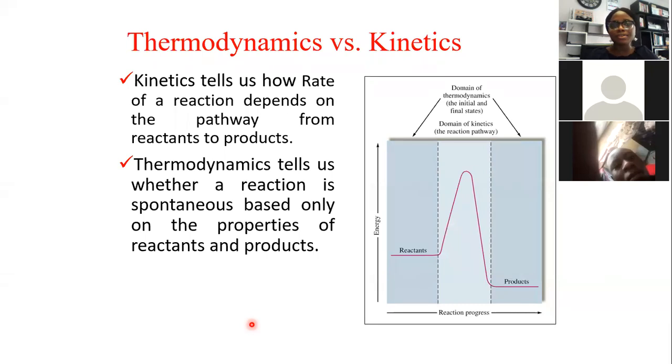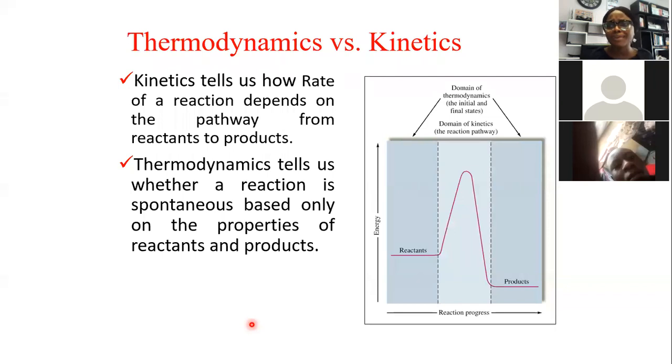Kinetics tells us about the rate of the reaction, how fast a reaction proceeds, how it moves from reactant to product, while thermodynamics tells us whether a reaction is spontaneous based only on the properties of reactant and product.